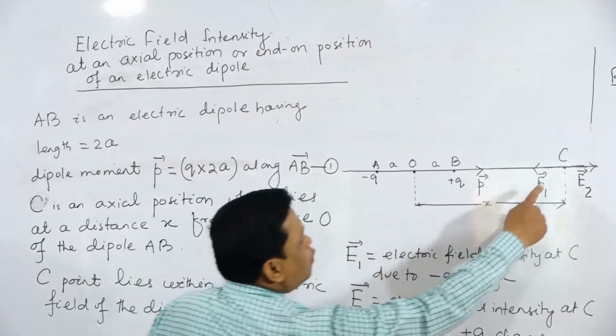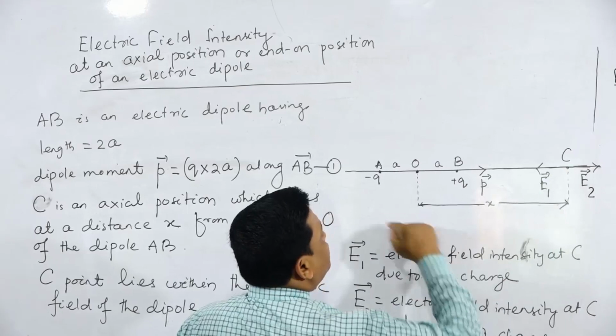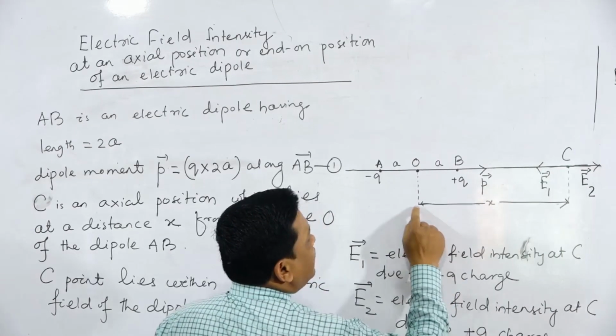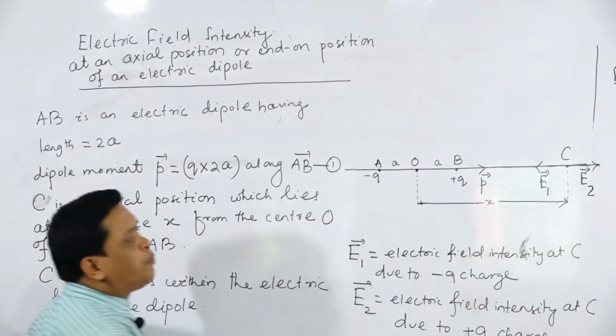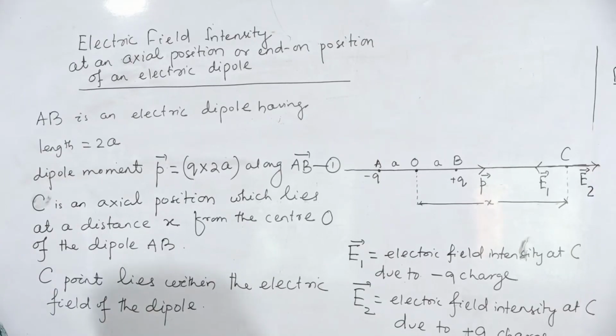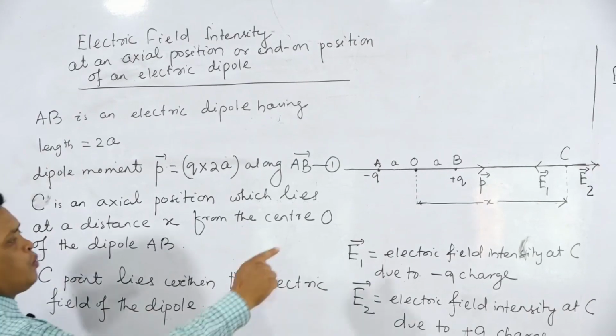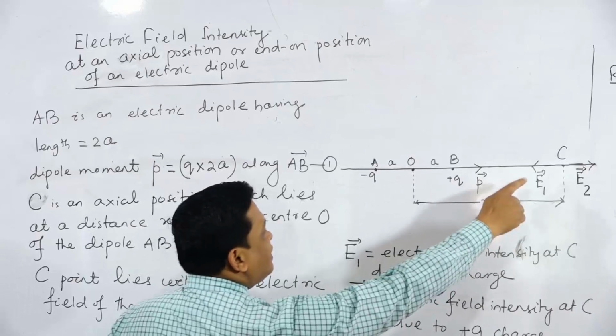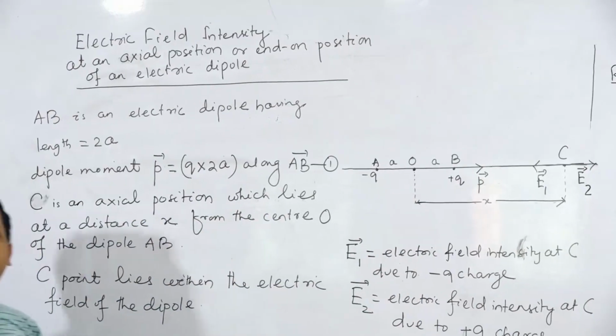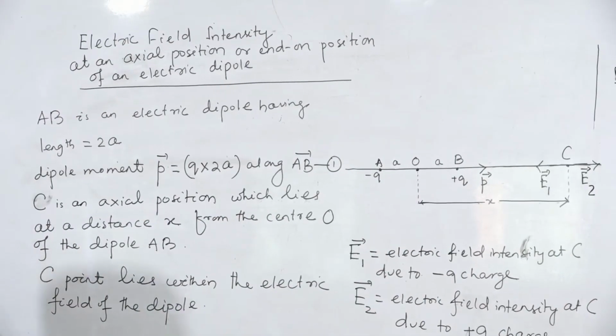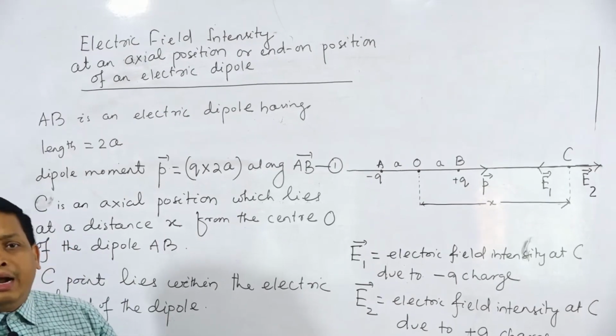Here we have taken an axial position C, which is at a distance x from the center O of the dipole. So we have to find out electric field intensity at point C, which is an axial position or end-on position.